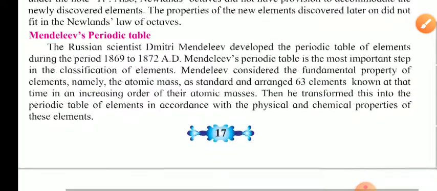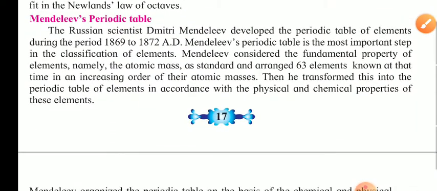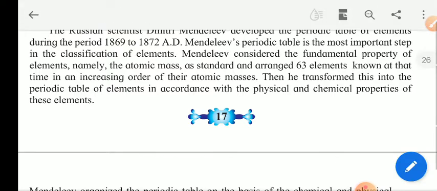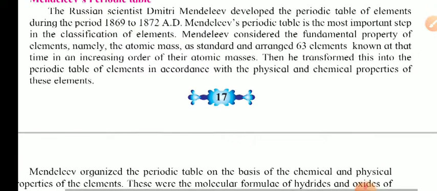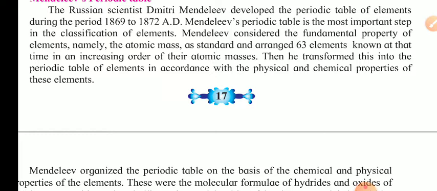So after the failure of this, another scientist, the Russian scientist Dmitry Mendeleev, came with another classification of the elements. Again the same way, the atomic mass he considered for the classification of elements.